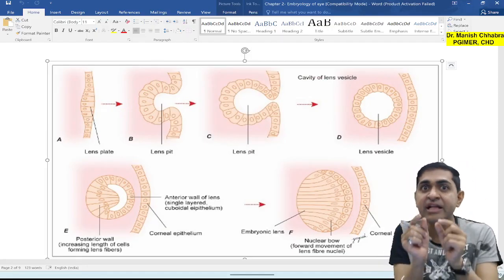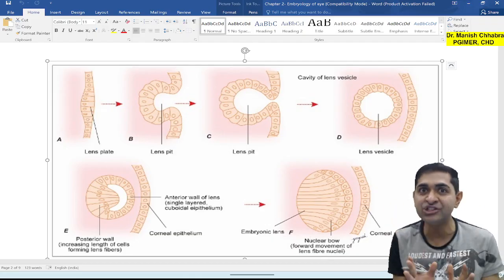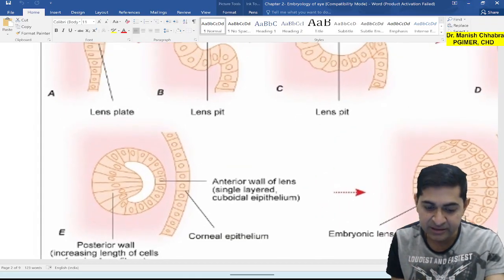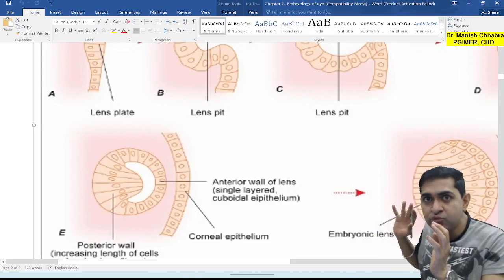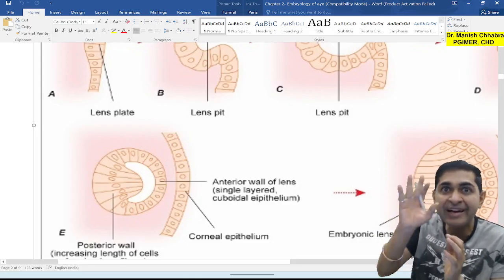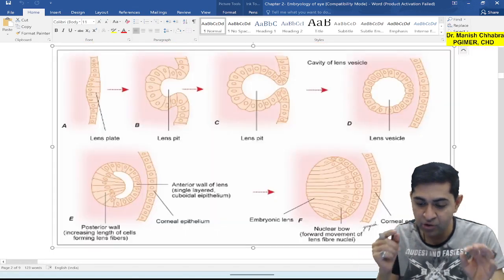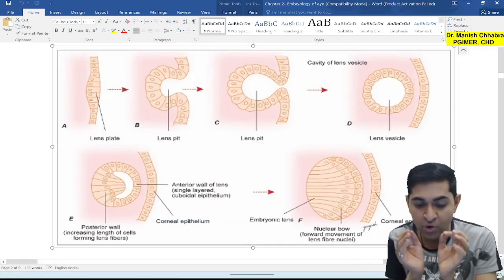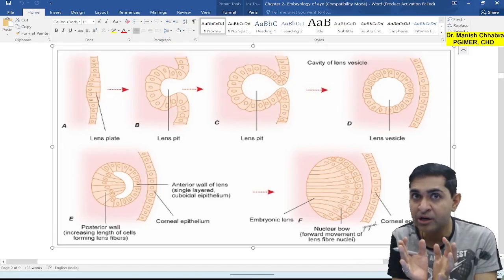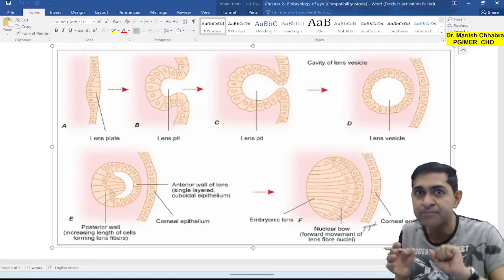Initially the cells are cuboidal in nature. When they move from posterior to anterior, they become columnar.